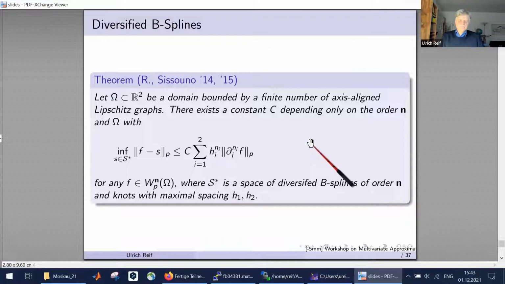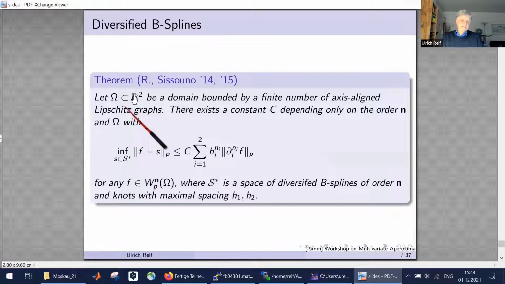In this estimate, the constant c does not depend on the aspect ratio. This unnatural dependence is now removed, and it's exactly achieved by using these extra copies for disconnected parts of the domain. So this is kind of the best error bound you can hope for.